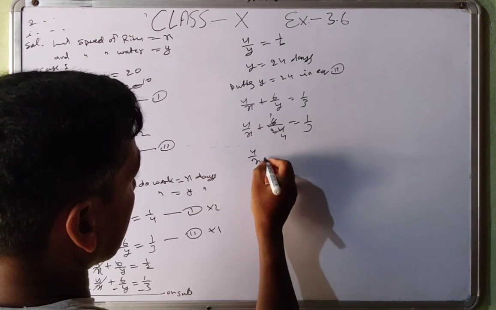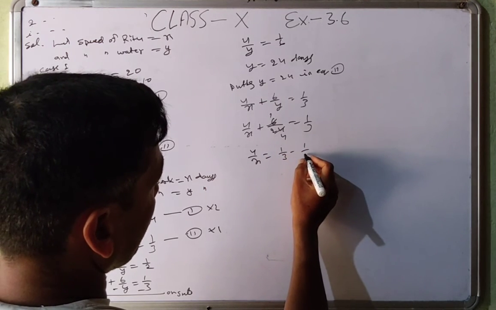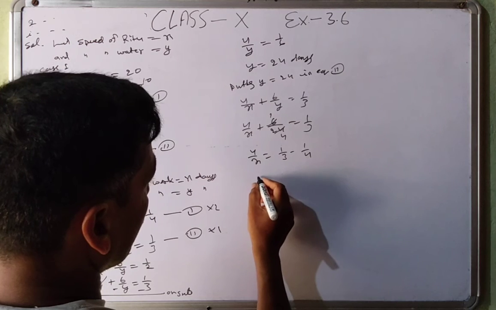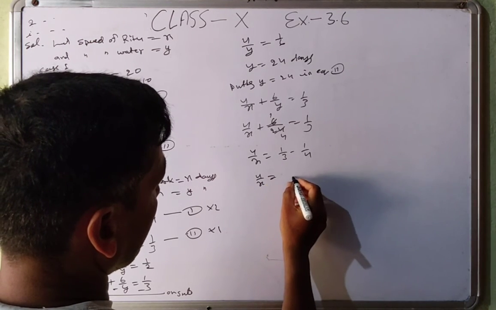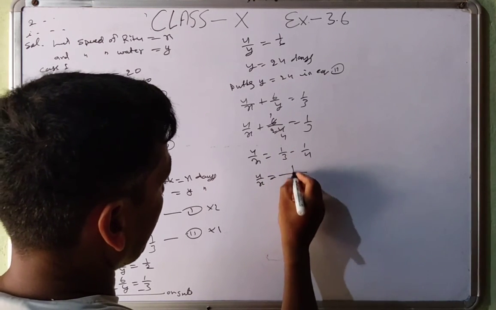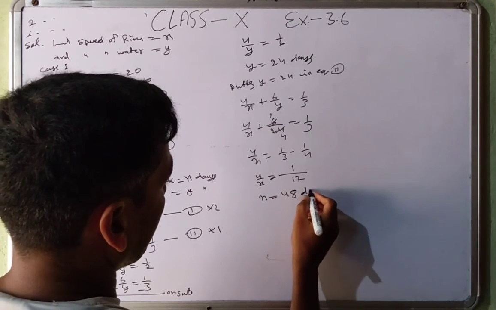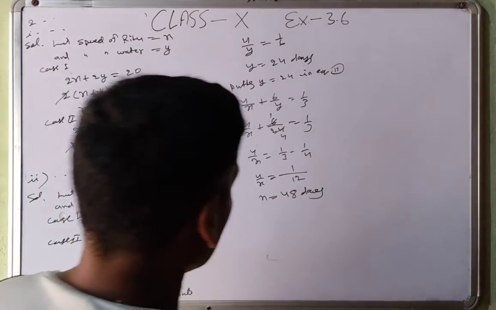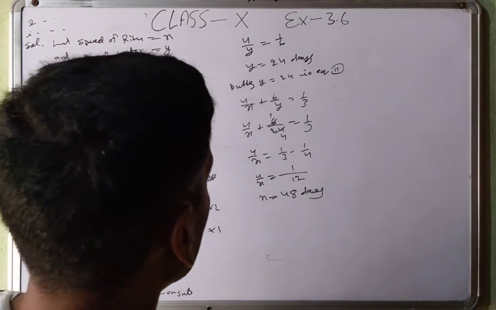So 4 upon x is equal to 1 upon 3 minus 1 upon 4, 12 is the LCM, so 1 upon 12. So x is equal to 12 fours are 48 days. So a woman can do it in 48 days and a man can do it in 24 days.